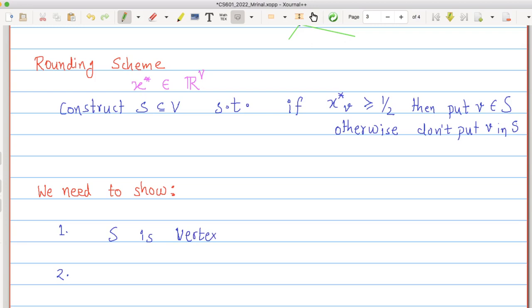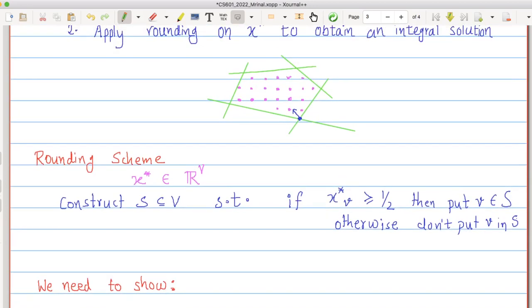So that's the first important point, that it should be a vertex cover. I mean, you can't apply an arbitrary rounding scheme and hope that you will get an integral point inside the feasible region, right? You might get something outside also, right? So you have to somehow ensure that what you are getting is inside the feasible region.